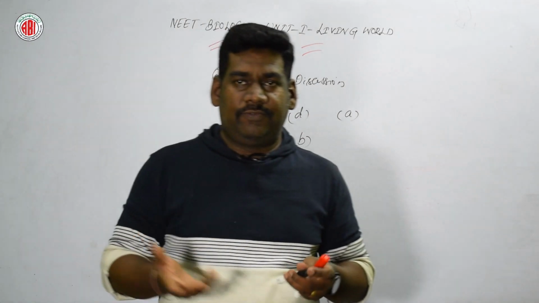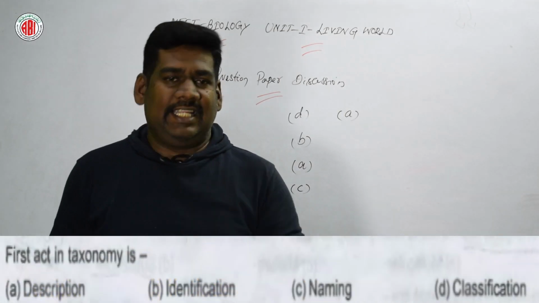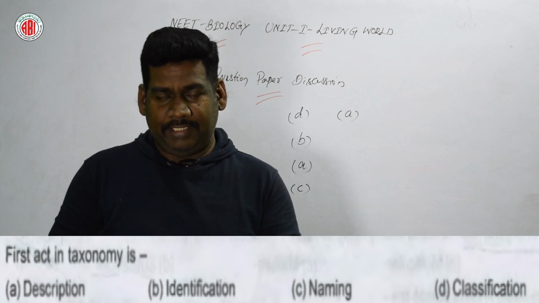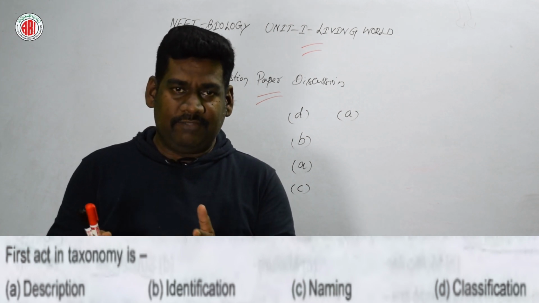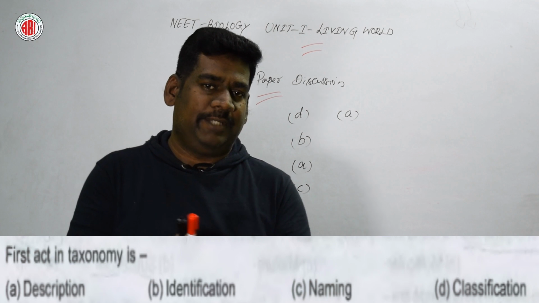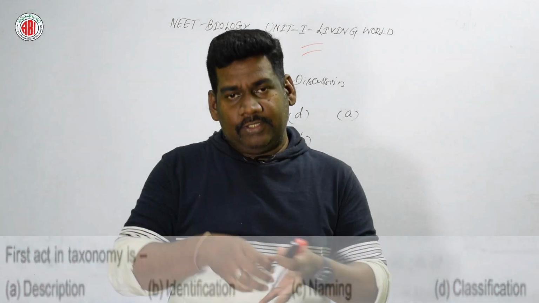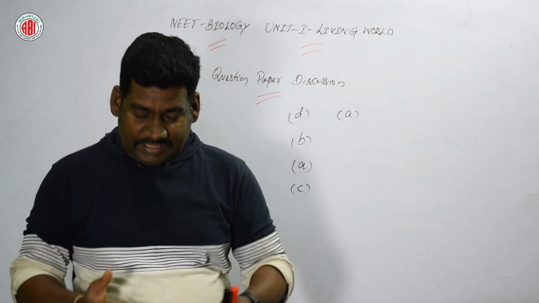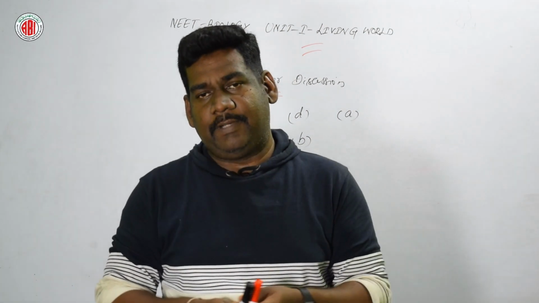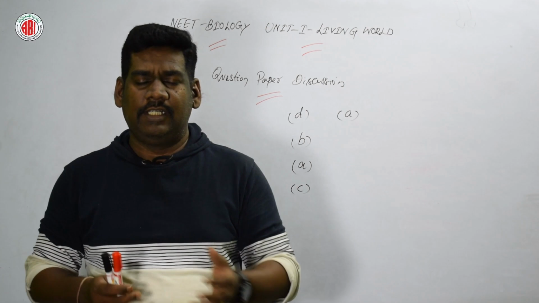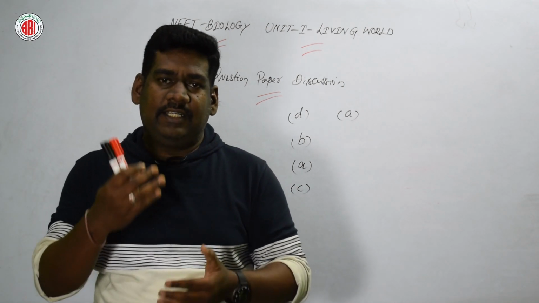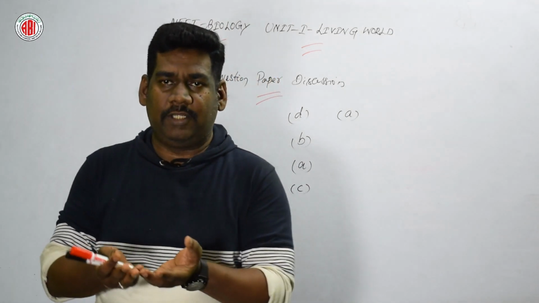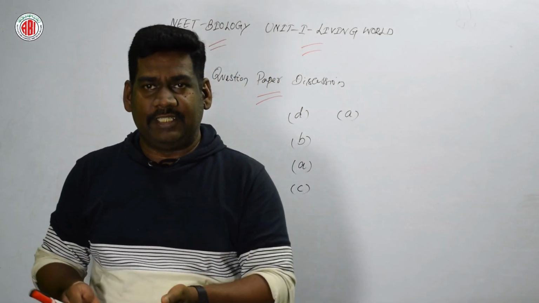Now let us go for the next question. First act in taxonomy is, so when we are talking about taxonomy, what are the different processes involved in taxonomy and classification? The first act in taxonomy is that we first identify the organism. We identify which particular species or which particular category the organism belongs to.